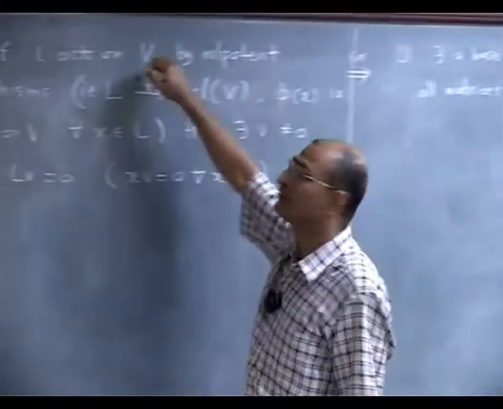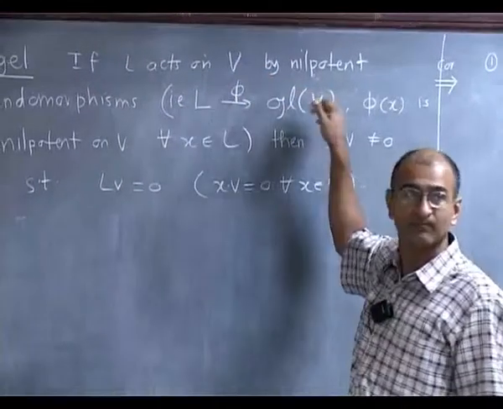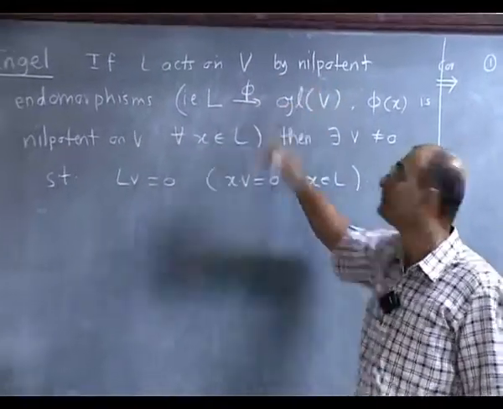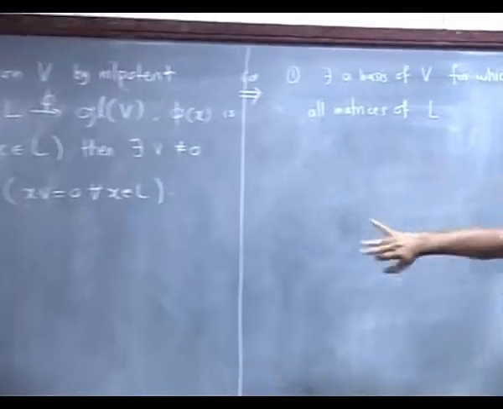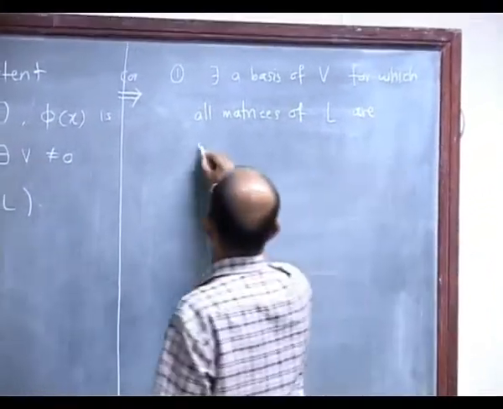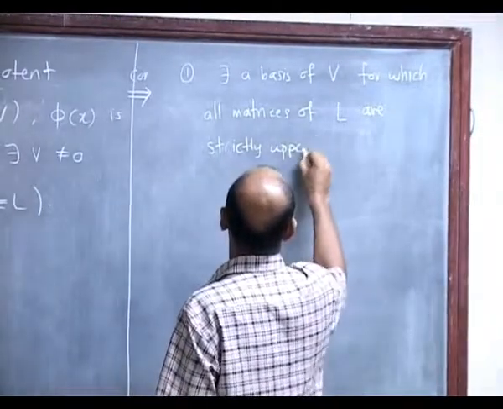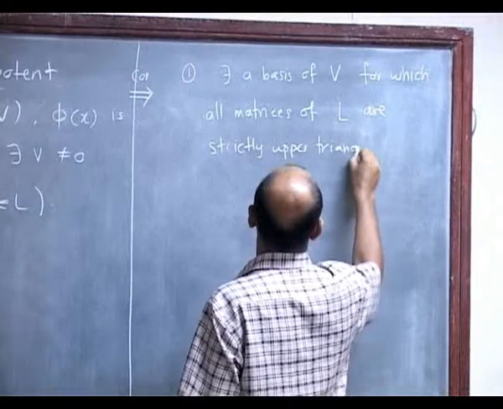L is simply acting on V. So the Lie algebra that actually becomes upper triangular is the image, the phi of L. So when I say matrices of L, I always mean phi of x.